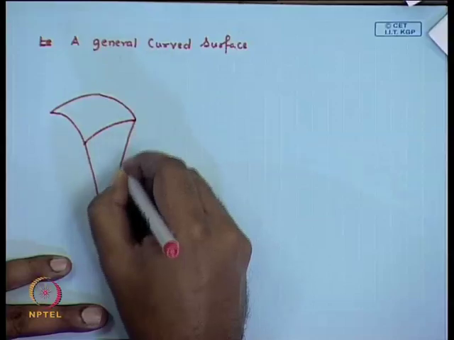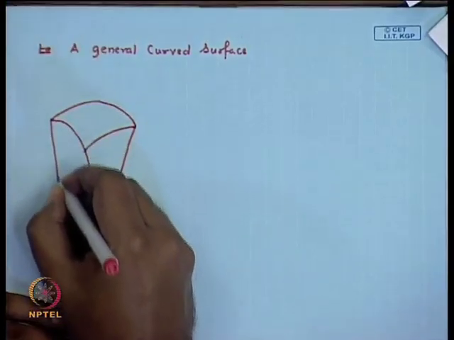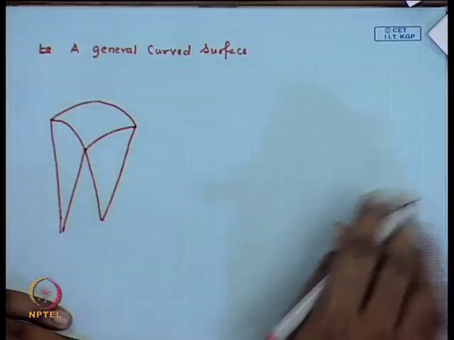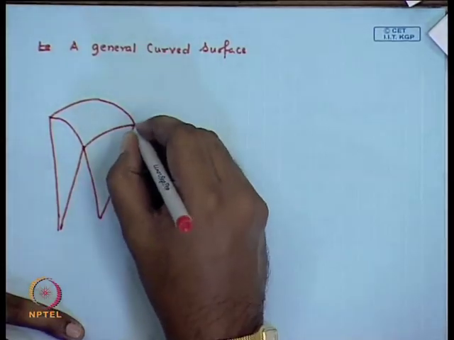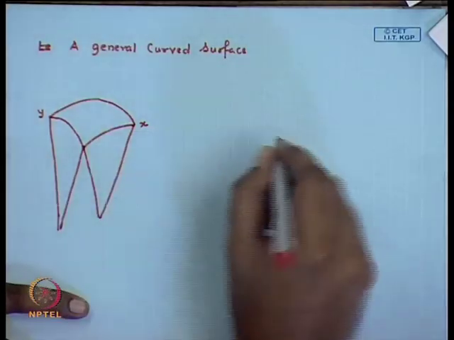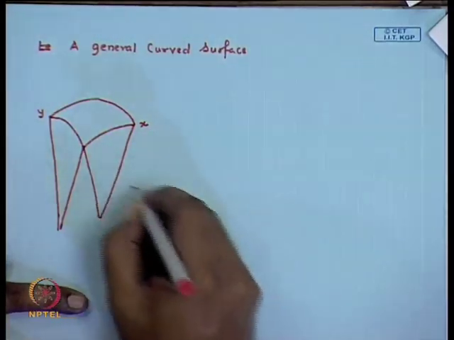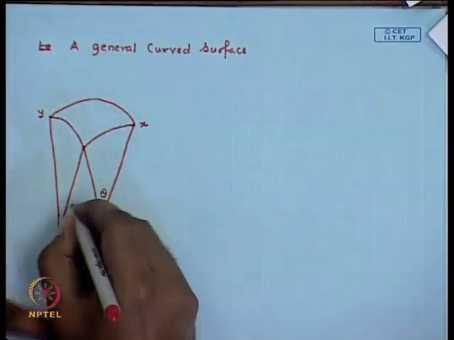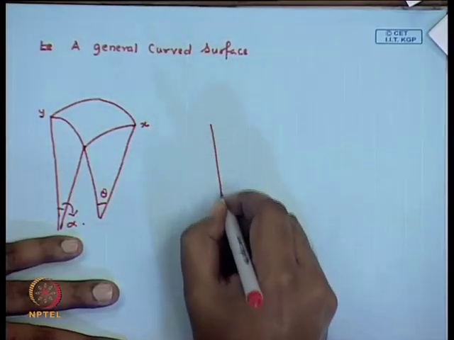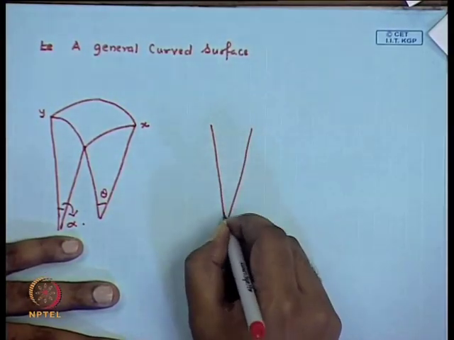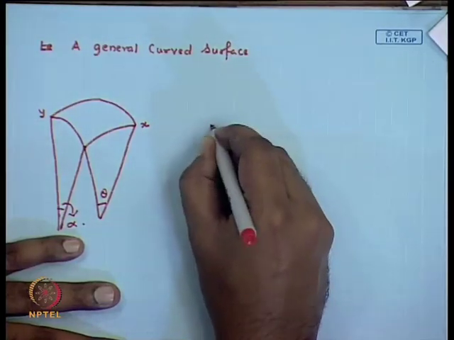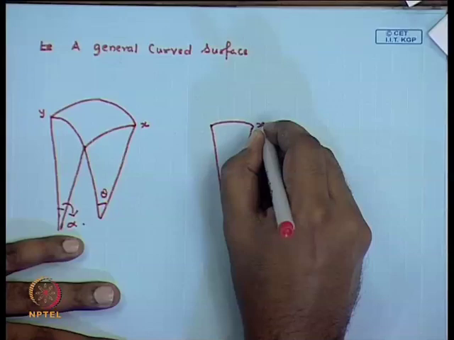I will make the drawing clear to you. So, this is let us say x and this is y, and if you look from this particular side, let us say this subtends an angle theta, this subtends an angle alpha over here. So, what you have here is theta and this is x.